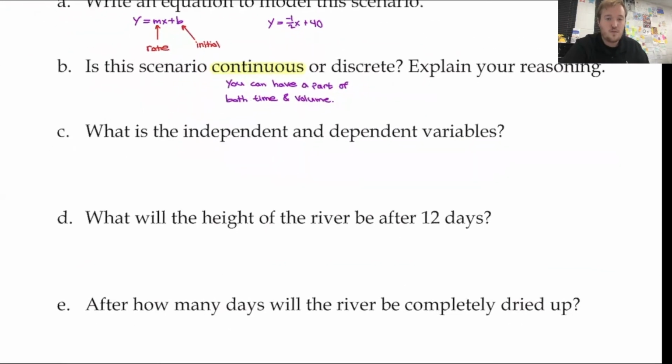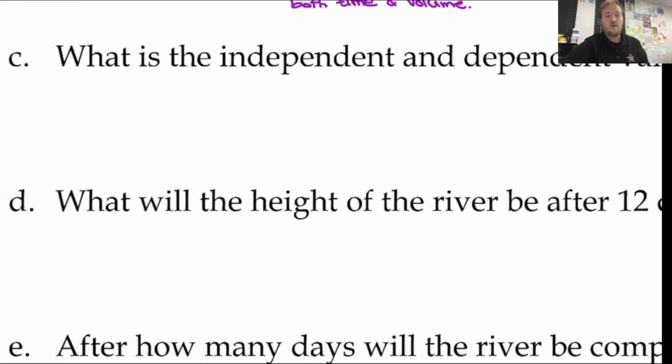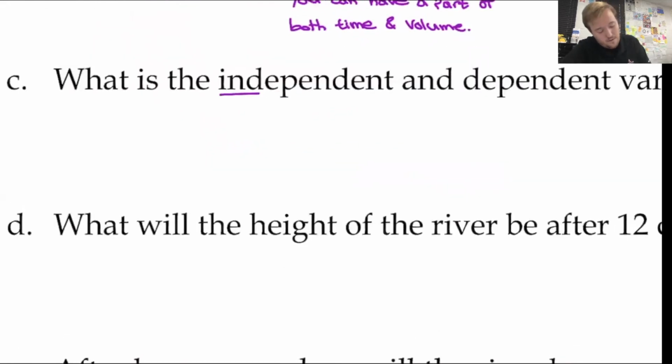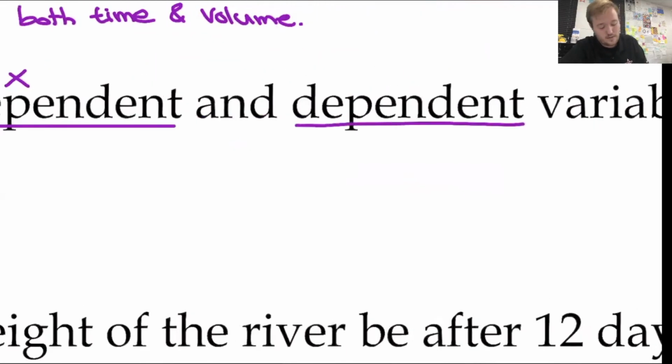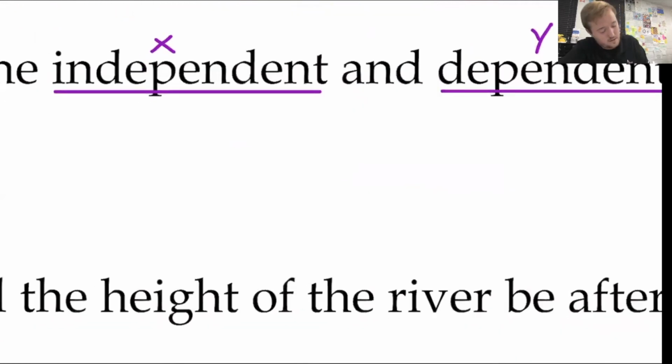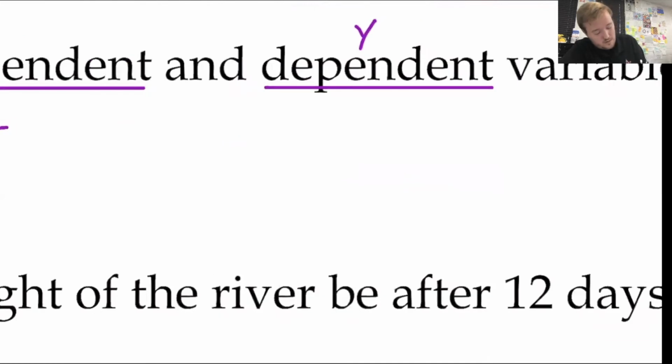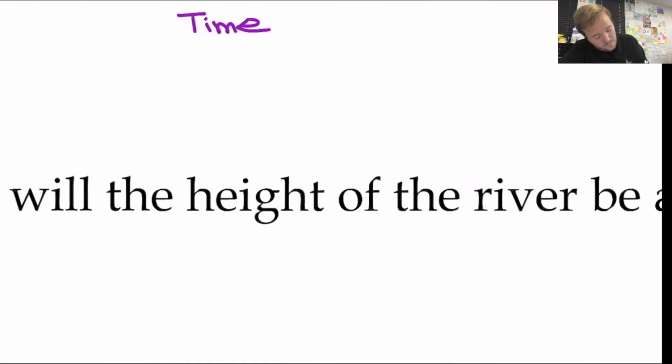All right, so what are the independent and dependent variables? Whenever I'm asking for the independent and dependent, the independent is asking what is the x value, and the dependent is always asking what is the y value. So in this case, the independent is going to be time, and then the dependent is going to be volume. So time in terms of, I want to say it was days.